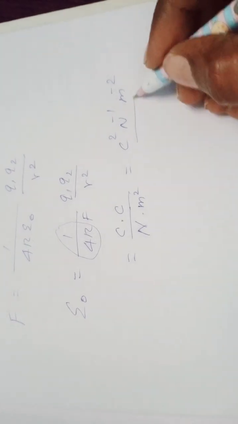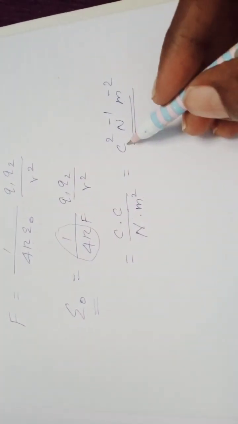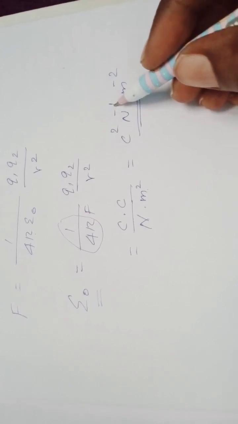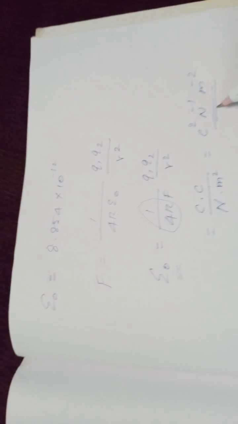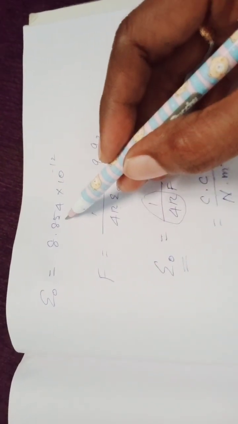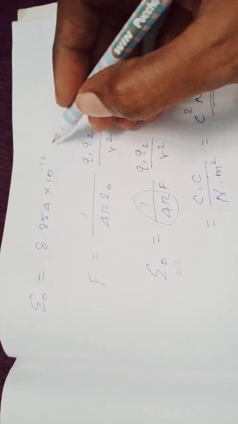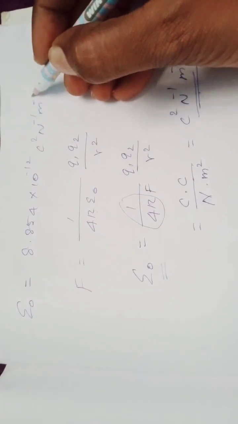Therefore, the unit of epsilon naught is coulomb square Newton power minus 1 meter power minus 2. So the value of epsilon naught is 8.854 into 10 power minus 12 coulomb square Newton power minus 1 meter power minus 2.